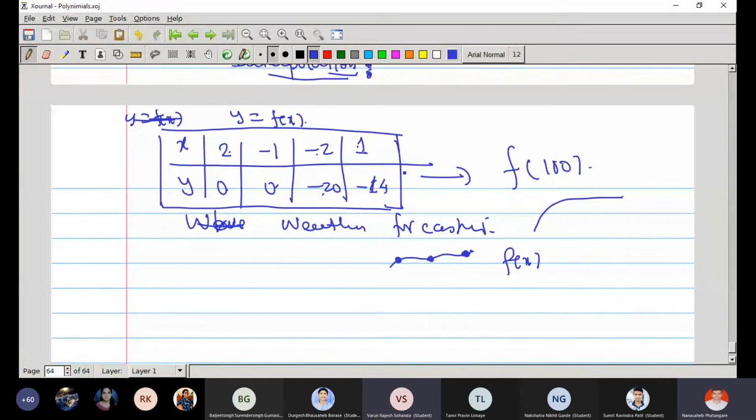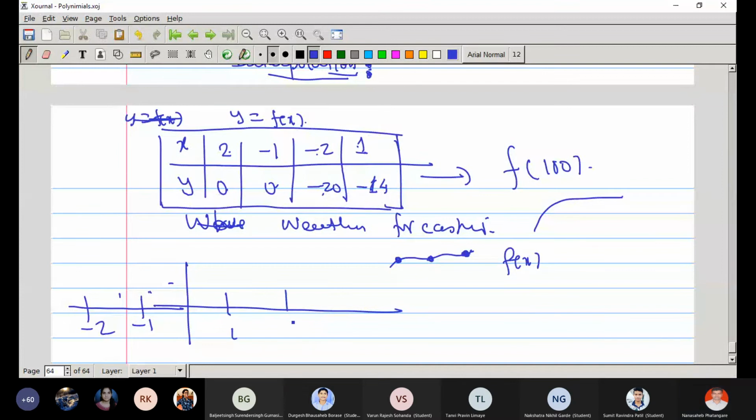And one more observation is what basically this does: you are given data, values at what points? You are given values at -1 and -2, 1 and 2. These 4 points were given, and at 2 the value is 0, at 1 the value is -14, at -2 the value is -20, at -1 the value is 0.